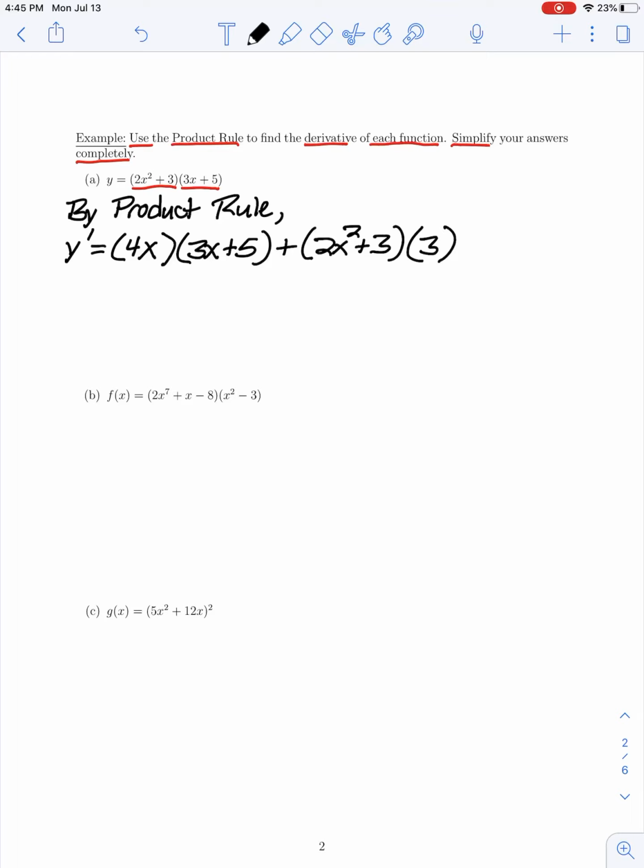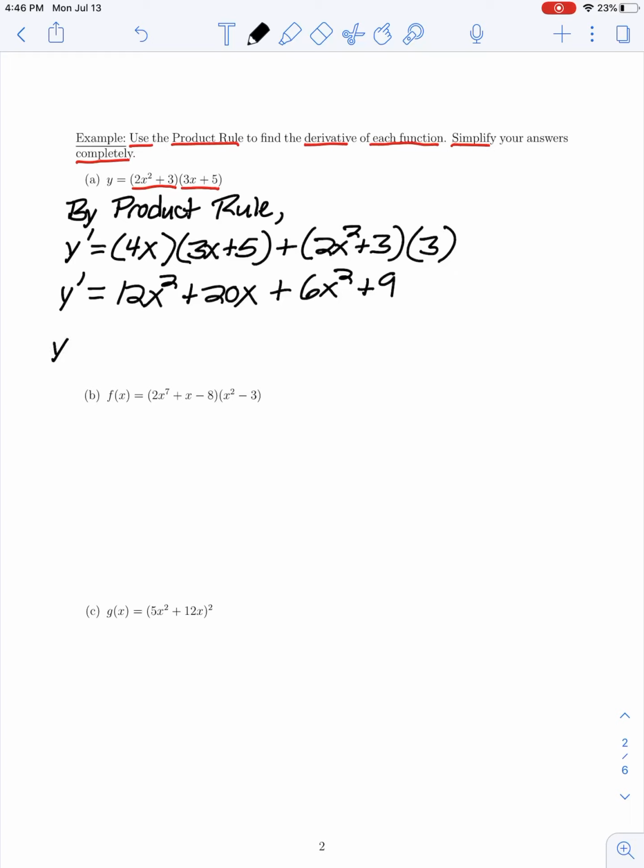So this is an expression for the derivative y prime, but we're told that we have to simplify completely here. So let's expand these expressions and group like terms to simplify. So if I distribute my 4x, I have a 12x squared plus 20x, plus for the second part of this derivative, if I distribute my 3, I have 6x squared plus 9.